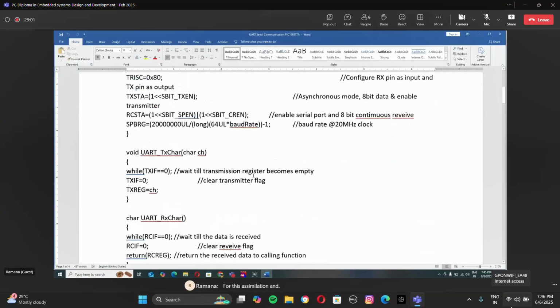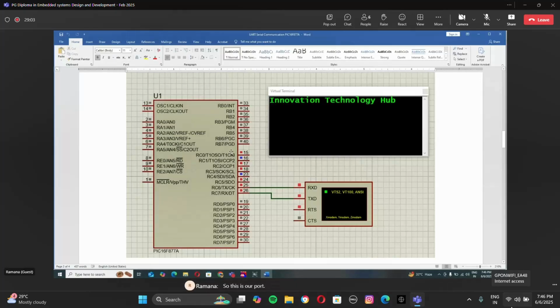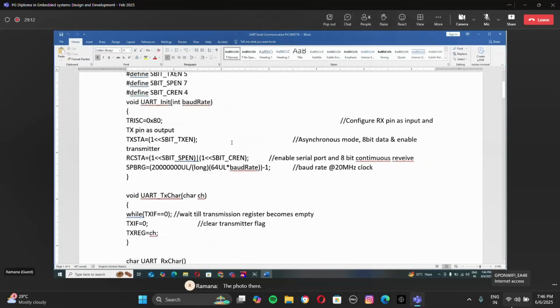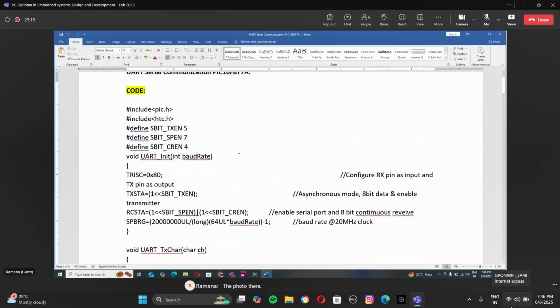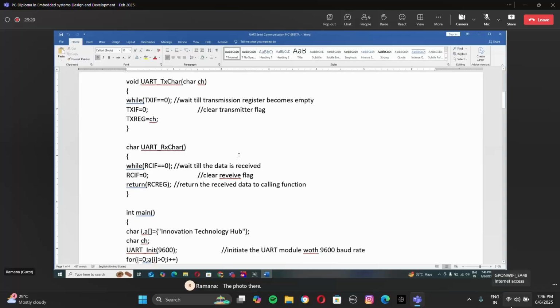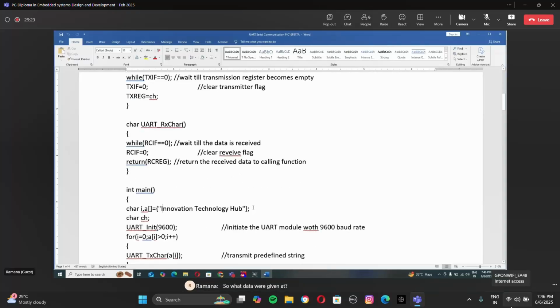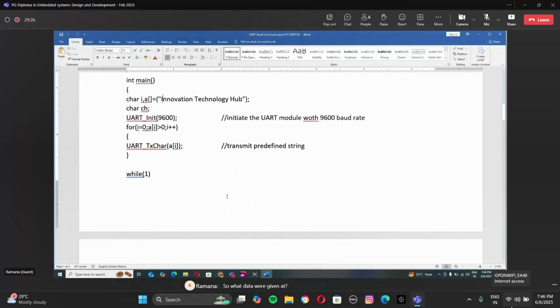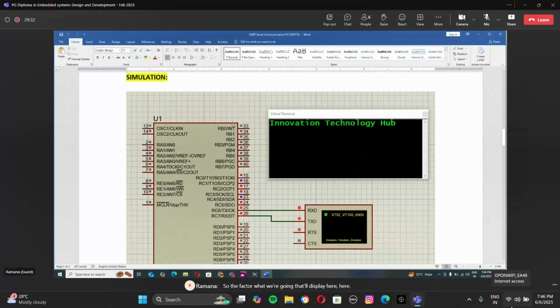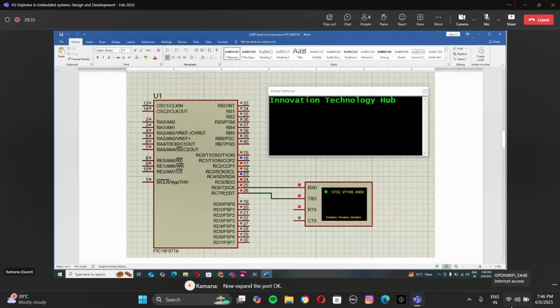So I explain the code again. So what data we are given, that will come here. So the character what we given, that will display here. Now I explain the code again. Code is very simple. Just we are giving the C6 and C7. So C6 is transfer pin, C7 is the receiver pin to the virtual terminal. That's all. Okay.